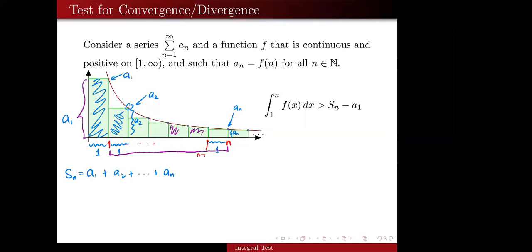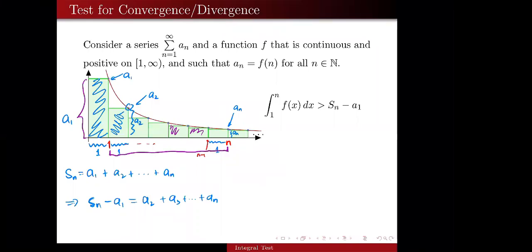So notice, we subtracted this A1 here. We will have Sn minus A1. This is equal to A2 plus A3 plus until An.